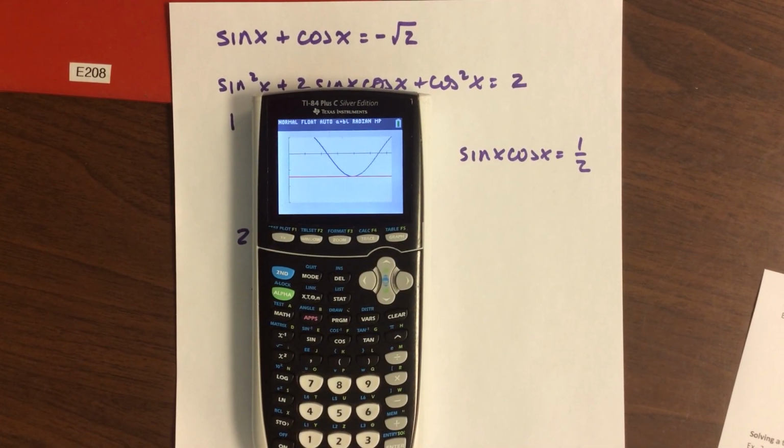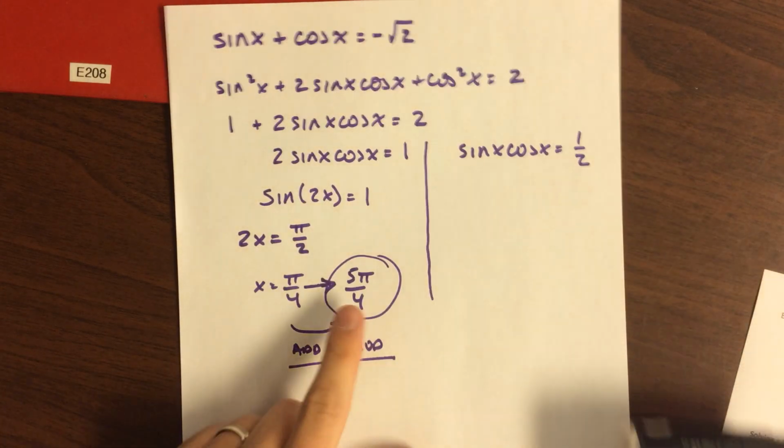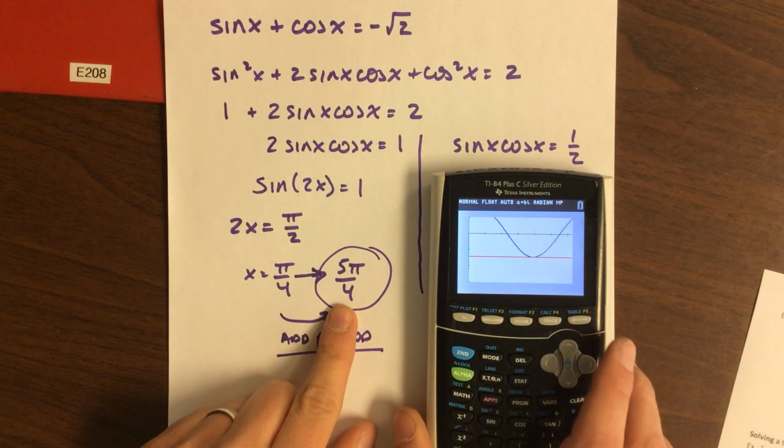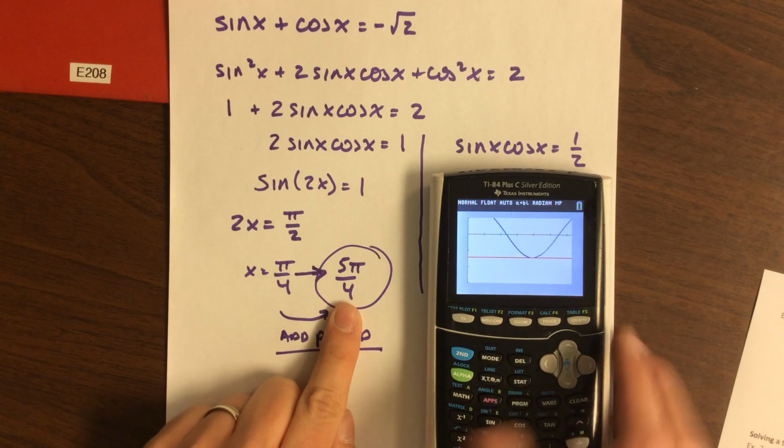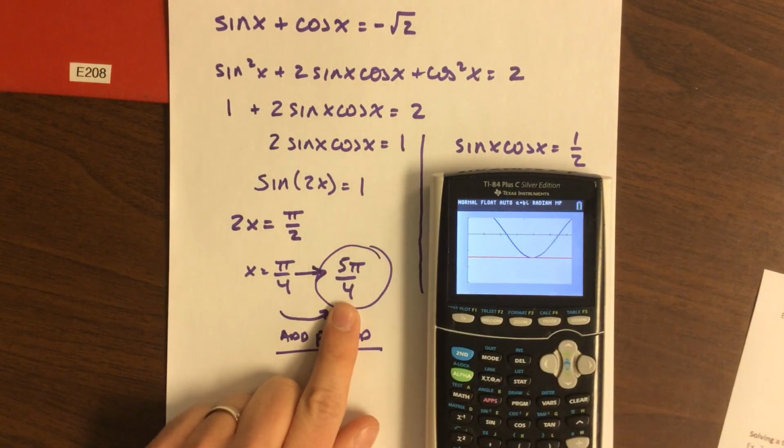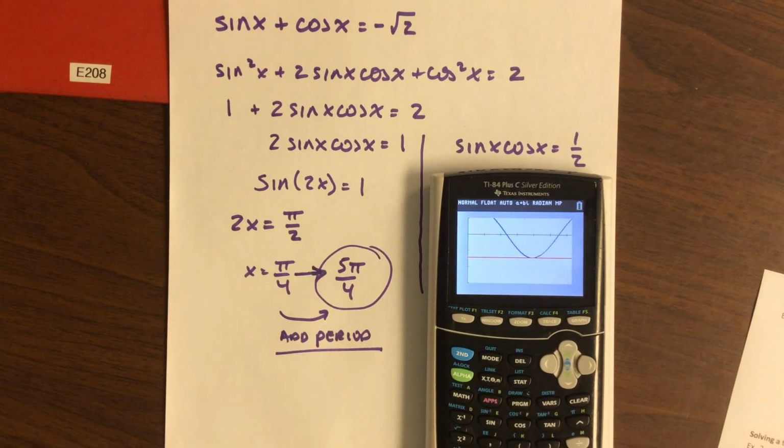We want to find where those 2 graphs intersect. If we look at that, how many times does the blue and the red graph touch? Once. We find that it is 5 pi over 4. So you can also put this in the calculator to visualize how many solutions you should have and what makes sense. So is that the only solution? That is the only solution that we'll be looking for.